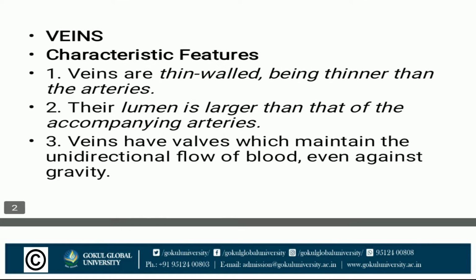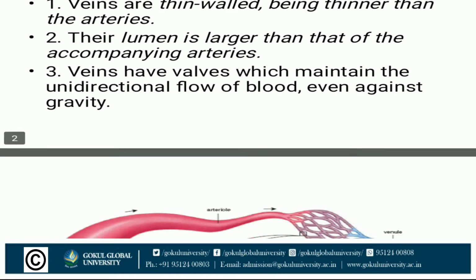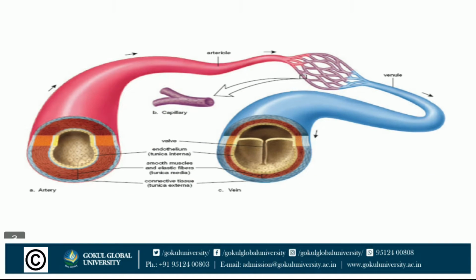the characteristics of the veins. Veins are thin walled, being thinner than the arteries. Their lumen is larger than that of the accompanying arteries. Veins have valves which maintain the unidirectional flow of blood even against gravity. In short, anti-gravity. In this diagram, you can see the structure of an artery as well as a vein.